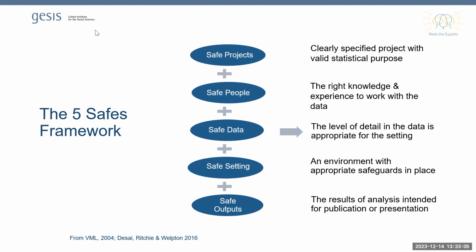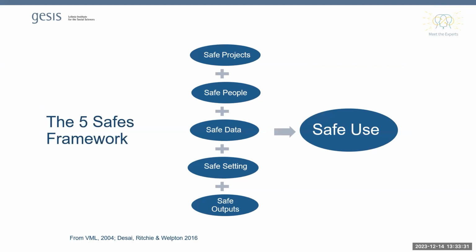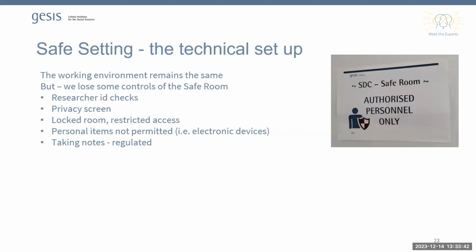Once we shift from on-site, we have fewer controls on safe setting, so we have to increase the controls in some of the other areas. And that's really the process that we're going through at the moment at the Secure Data Centre. We've been reviewing our processes to see where we can tweak our security model to make sure it's appropriate still. And the idea is that if you balance all of these 5 properly, the use of the data is going to be safe, even if it's remote access.